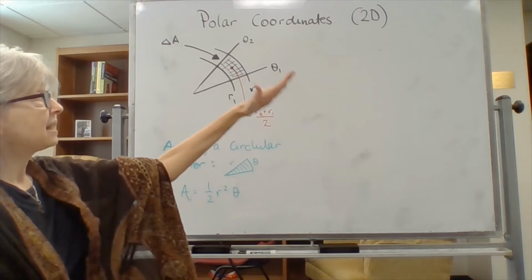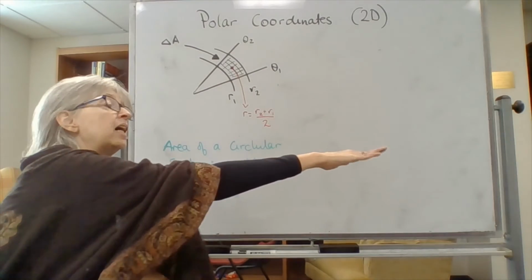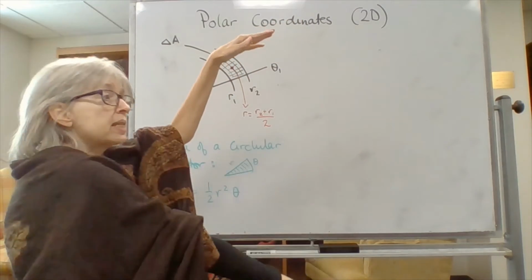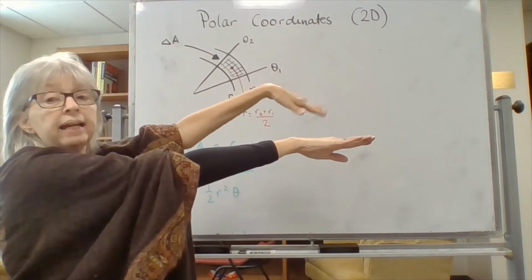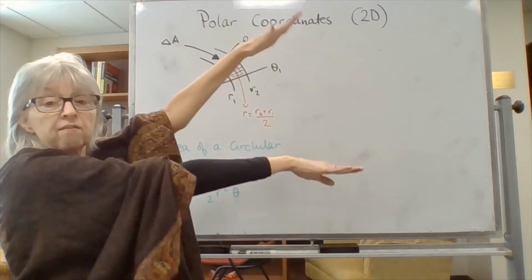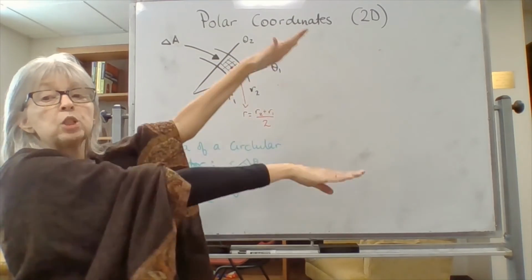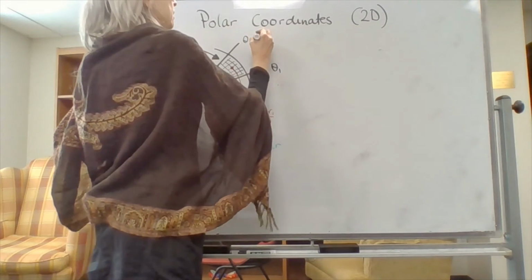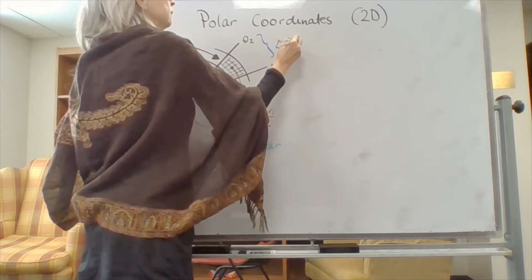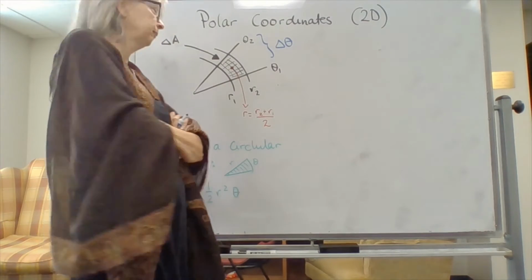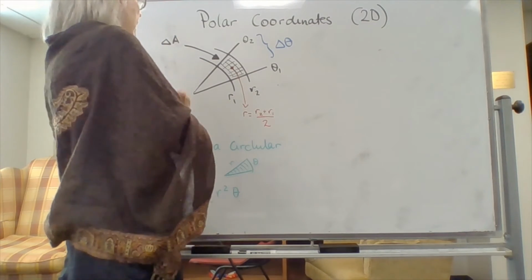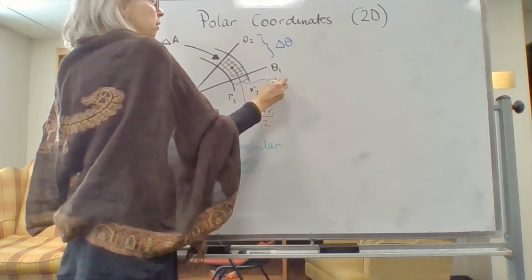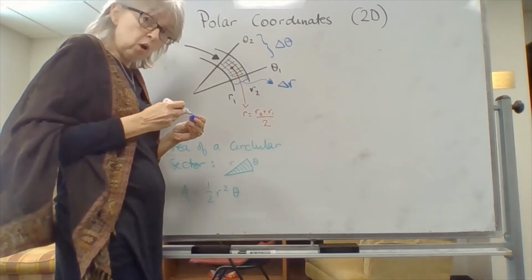Now, because I'm looking at a sector of a circle and I'm in polar coordinates, to make a piece of pie, what I need to do is go up an angle theta 1 and then up some more an angle theta 2 and then find the difference between those two. And so I'm going to call that difference delta theta for that piece of the pie in polar coordinates. And I'm going to call the difference between my two r values delta r.